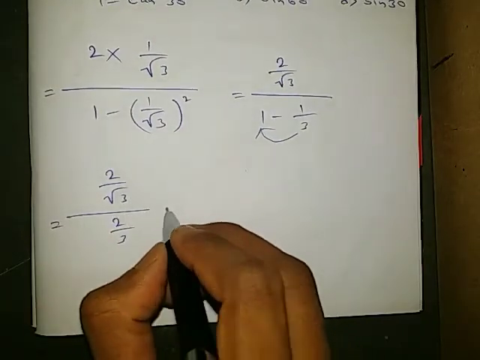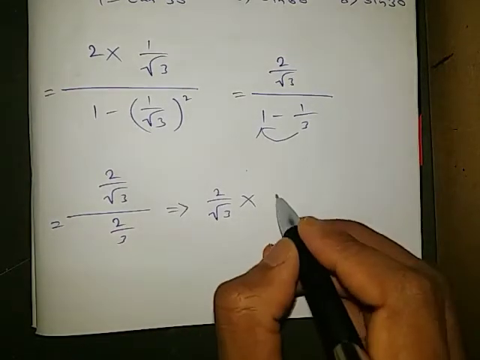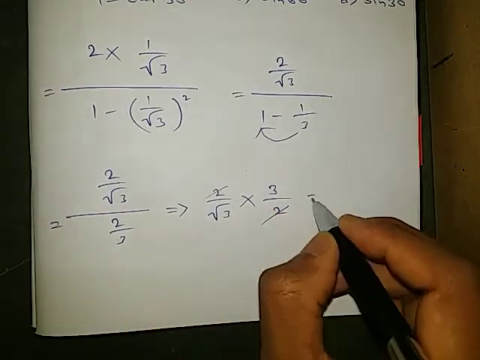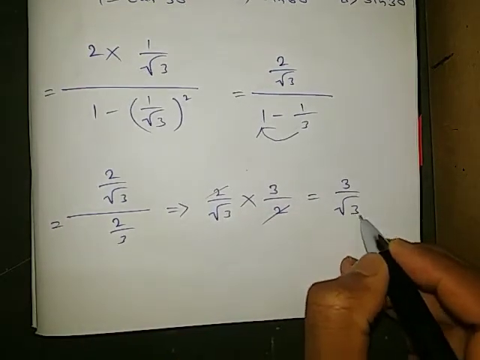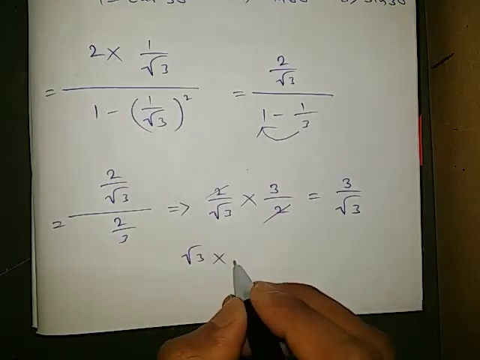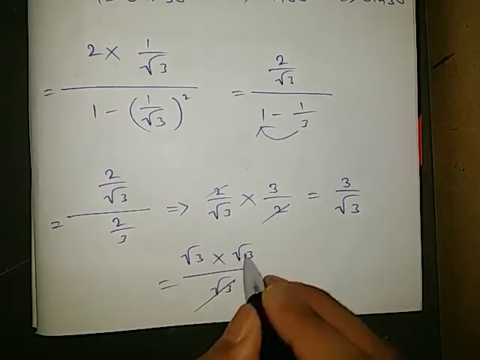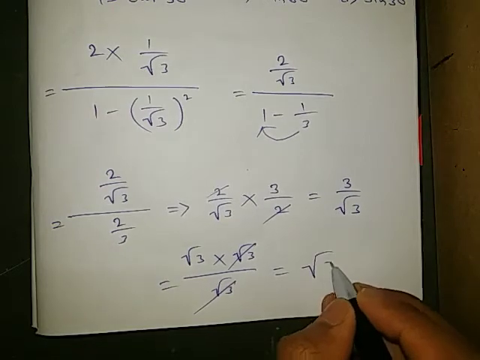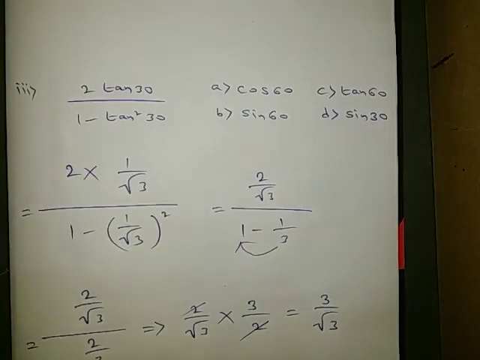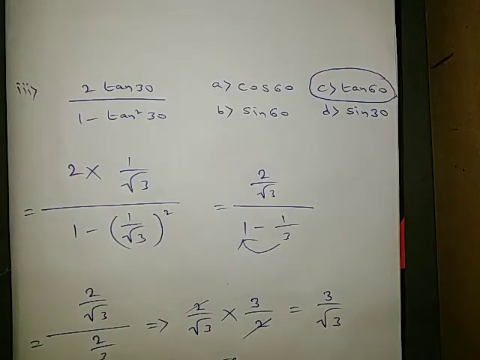Now this total numerator as it is, that is 2 by root 3, into this denominator will become reciprocal, 3 by 2. So 2 will get cancelled, we remain with 3 by root 3. Now this 3 can be written as root 3 into root 3, whole divided by root 3. Here root 3 will get cancelled, so we remain with root 3. So root 3 is the value of tan 60. So tan 60 is the correct option.